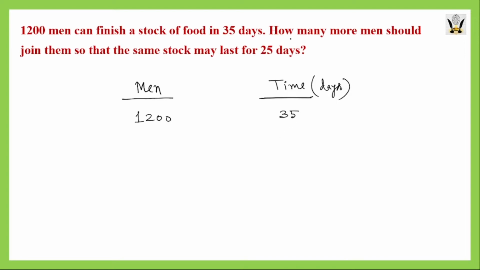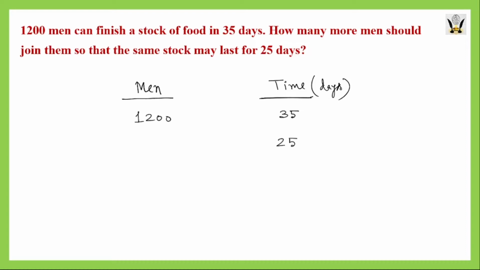Now the second line says, how many more men should join them so that the same stock may last for 25 days? That means the food which can be finished in 35 days by 1200 men, if we want to finish in 25 days, then we are decreasing the value of the second quantity, the number of days. So the same amount of food should be eaten by more people.